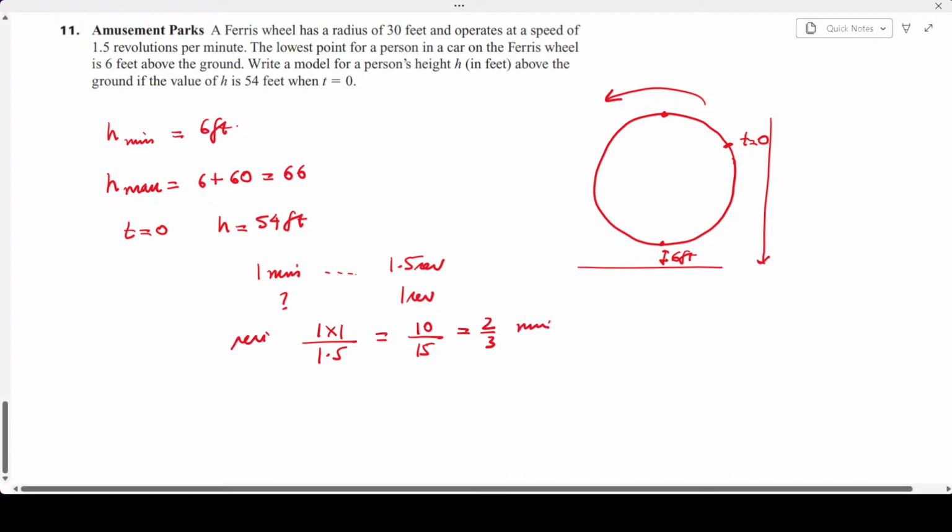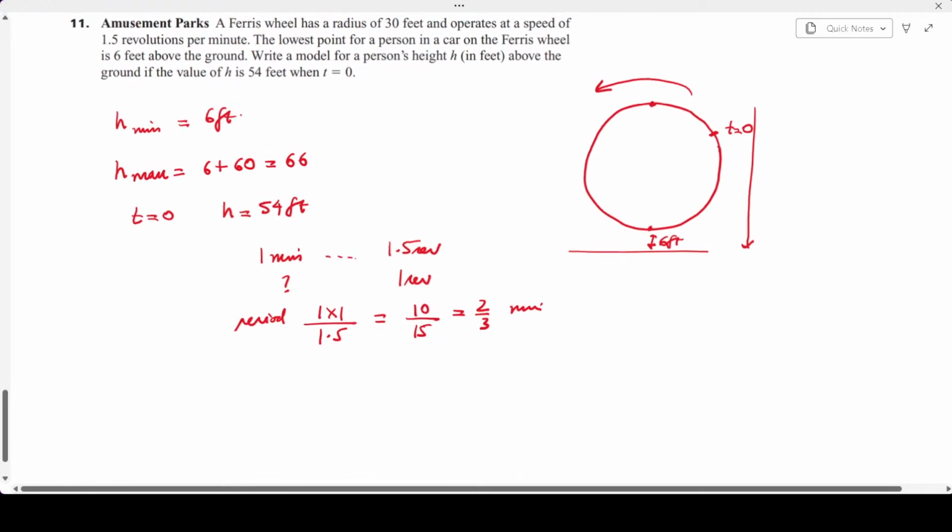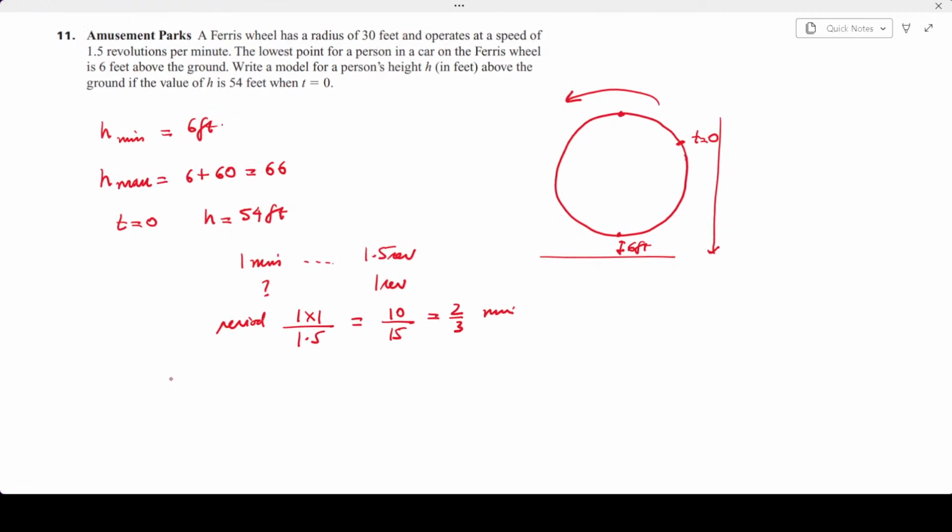Now apply your sine function. If h is equal to a sine b(x minus c) plus d, what is a?